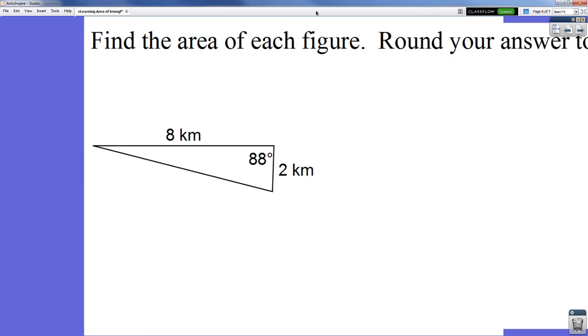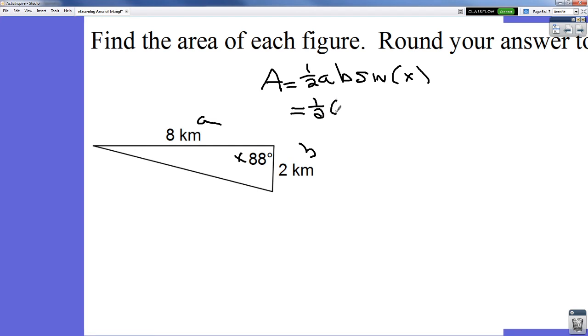All right, so at this point, you should have identified here's your A, here's your B, here's your X. And we're going to go through and we're going to write it out. The area equals 1/2 A, B, sine X. And we're going to plug in our A, B, and our X, and we're going to get 1/2 of 8 times 2 times the sine of 88 degrees.